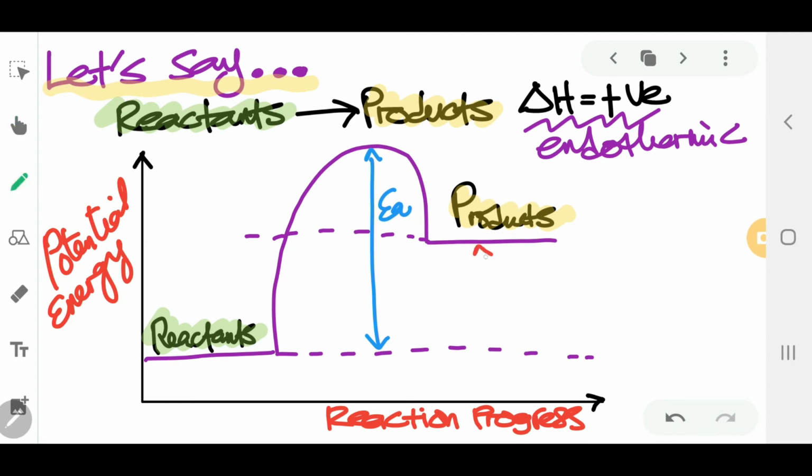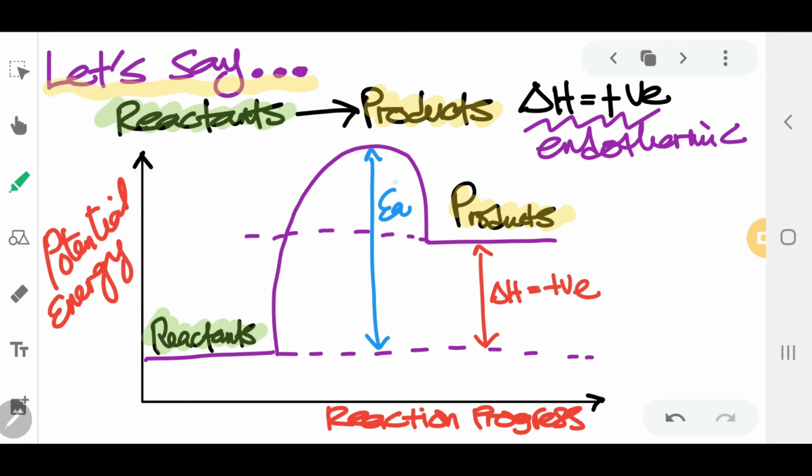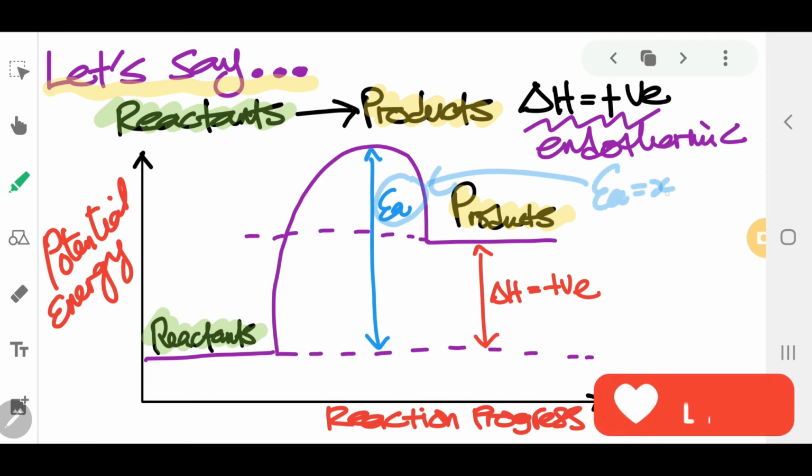So delta H will be equal to positive. And do you remember the EA over here? The EA will have a number over here, with units of kilojoule. So this is how you're going to sketch the endothermic energy profile diagram.